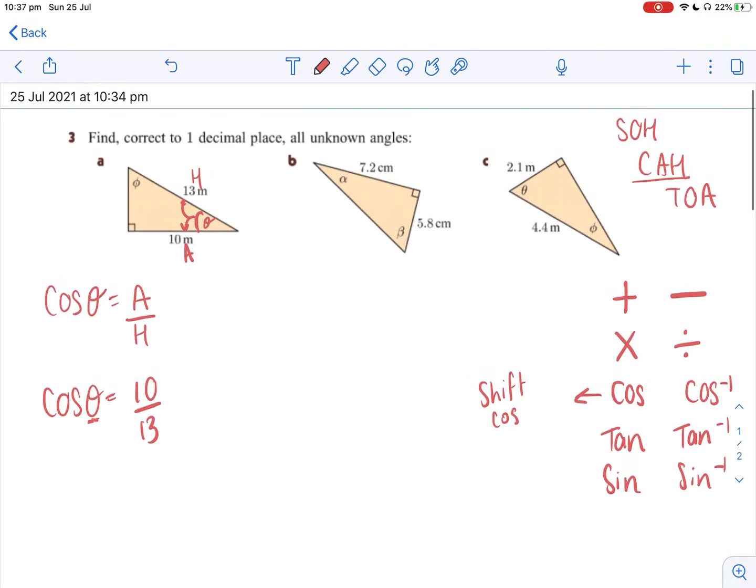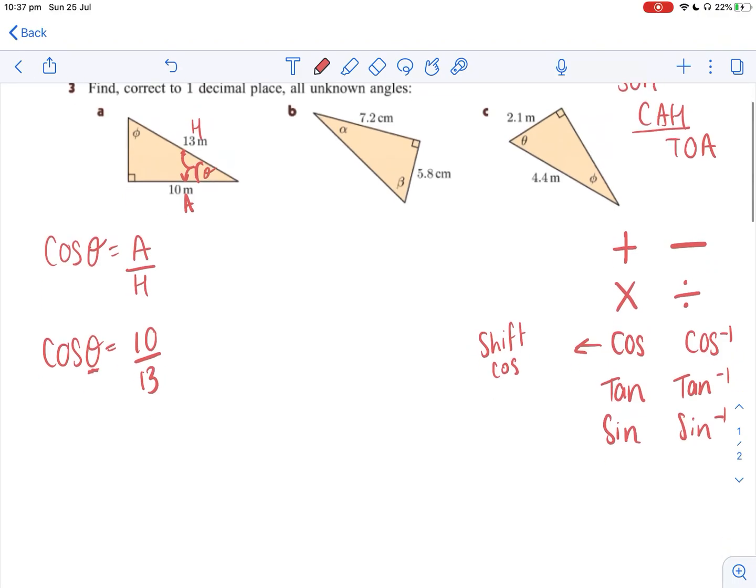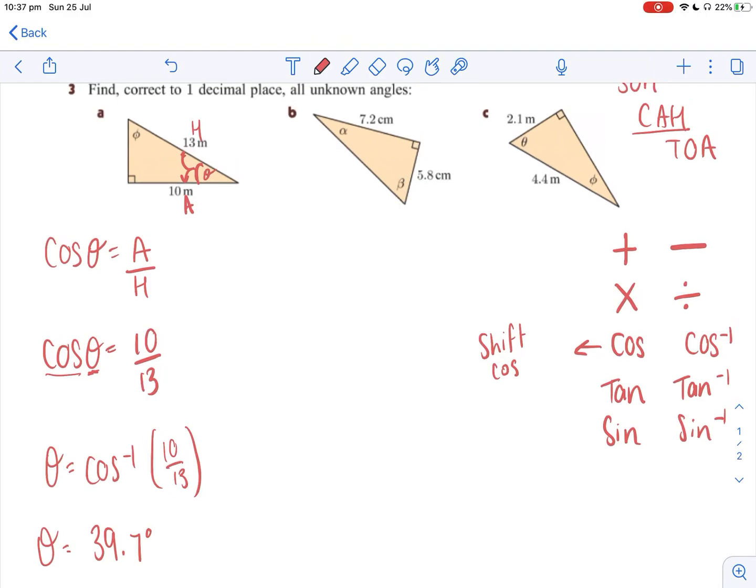So here I take my inverse of cos, so it becomes theta is cos to the minus 1, 10 over 13. So my angle for theta is 39.7 degrees.